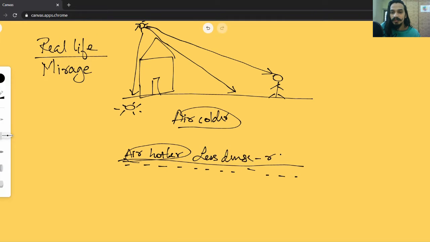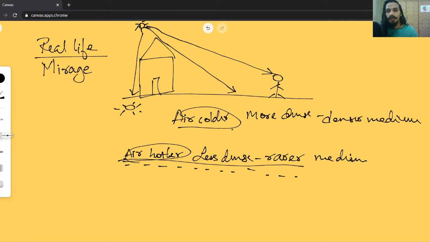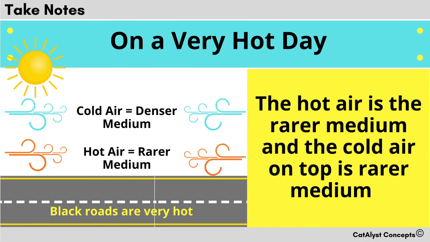In other words, can we say it's a rarer medium? The colder air is more dense, so we call it the denser medium. Within the same medium, that is air, we now have two different densities. The upper layer is the denser, and the lower layer has become rarer.